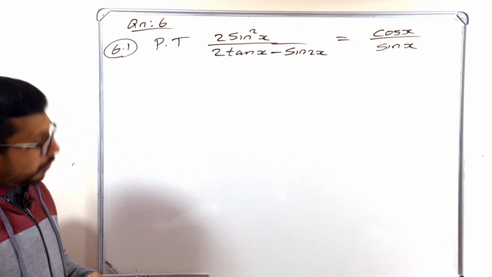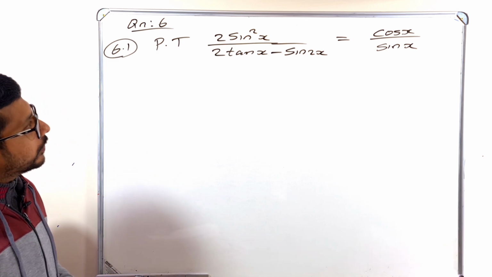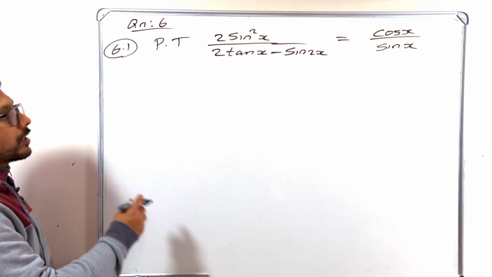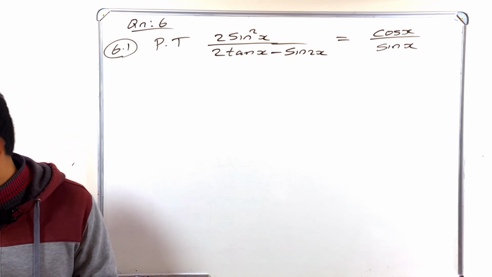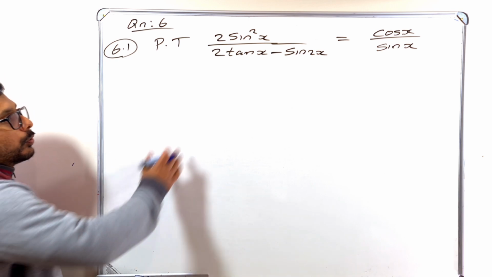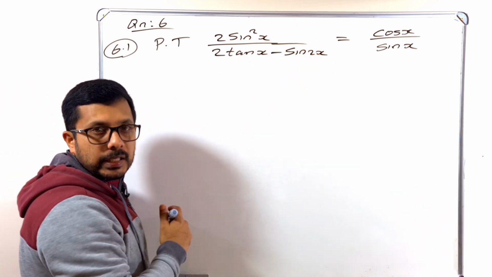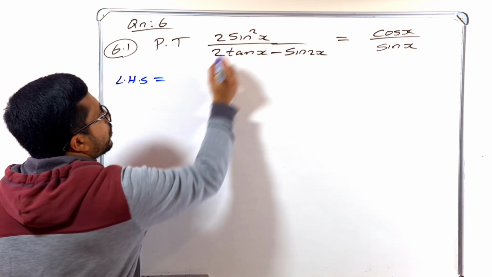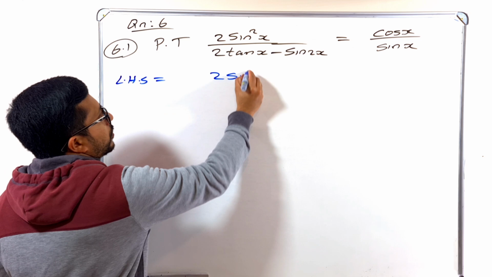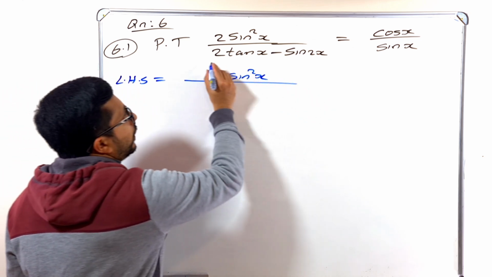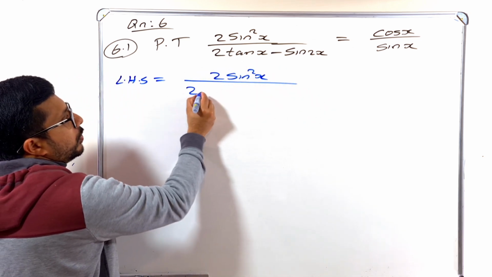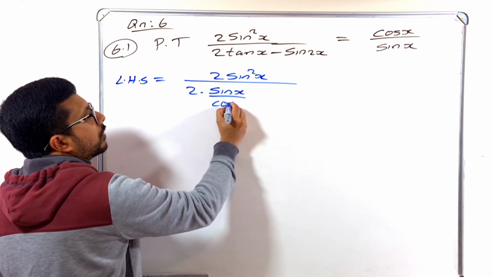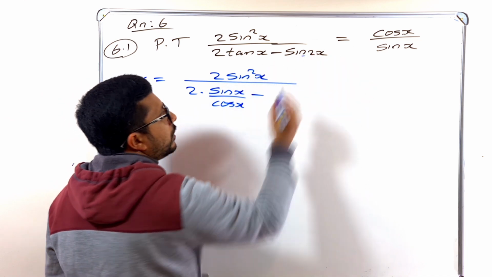So how can we prove that? Let's start from the left hand side. LHS is equal to this 2 sine square x, 2 into sine square x, divided by this 2 tan x, 2 into tan x, you know that is sine x divided by cos x, minus sine 2x.